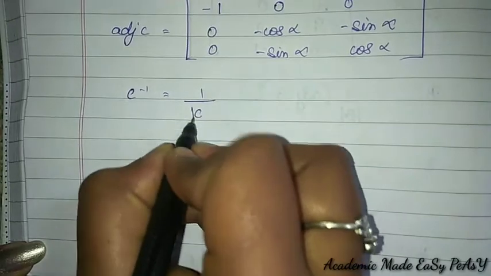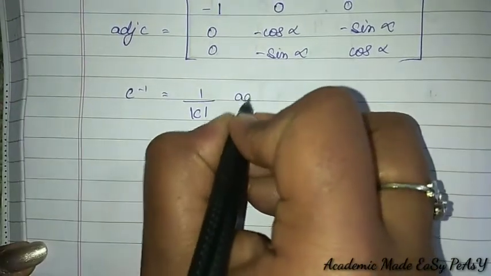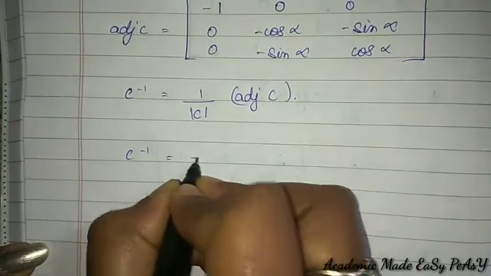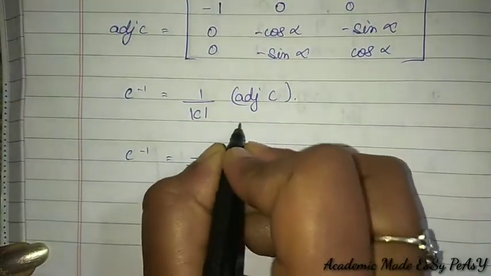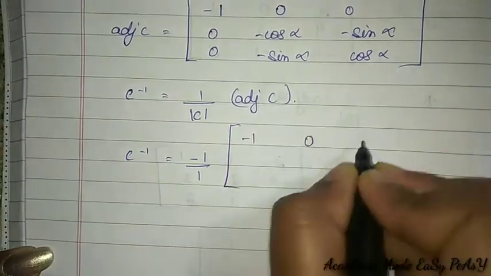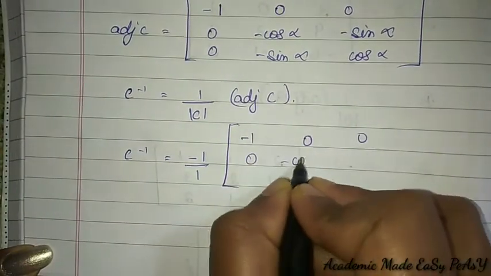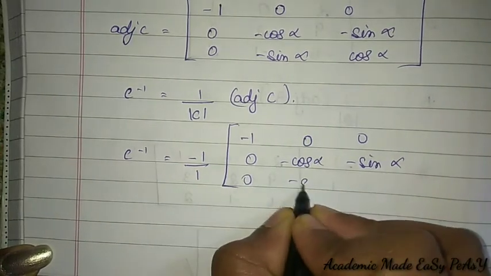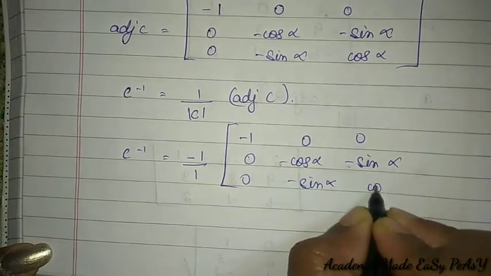So C inverse is equal to 1 by determinant of C into adjoint of C. So C inverse is equal to minus 1 by 1 into, so here it is minus 1, 0, 0, 0 minus cos alpha minus sin alpha, 0 minus sin alpha cos alpha.